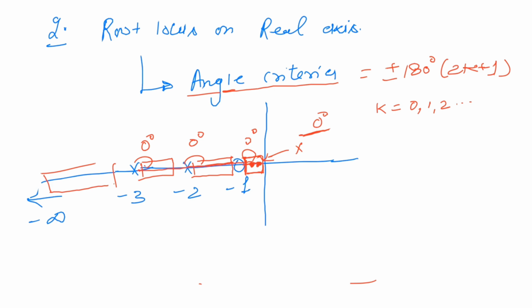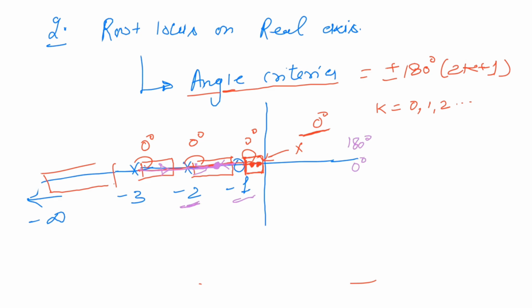Now let's take one point on this segment between -1 and -2. I have taken this point over here. Now let's draw the phasor from the zero on this side, and from this pole on this side. The angle made by the zero at -1 is 180 degree. The angle made by the pole at -2 is 0 degree.